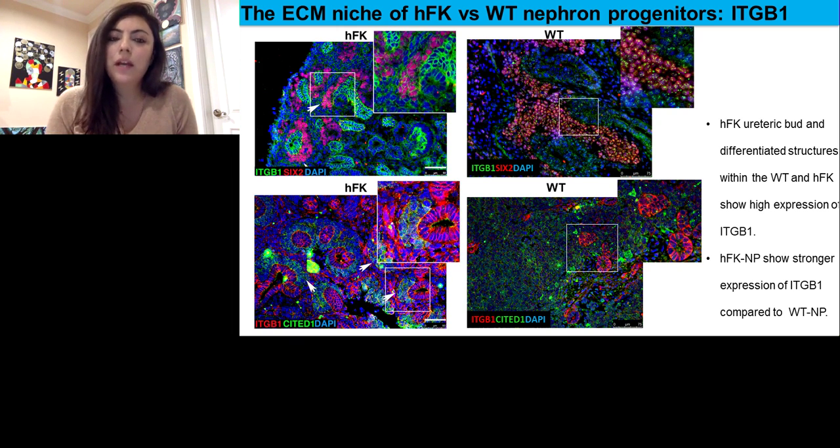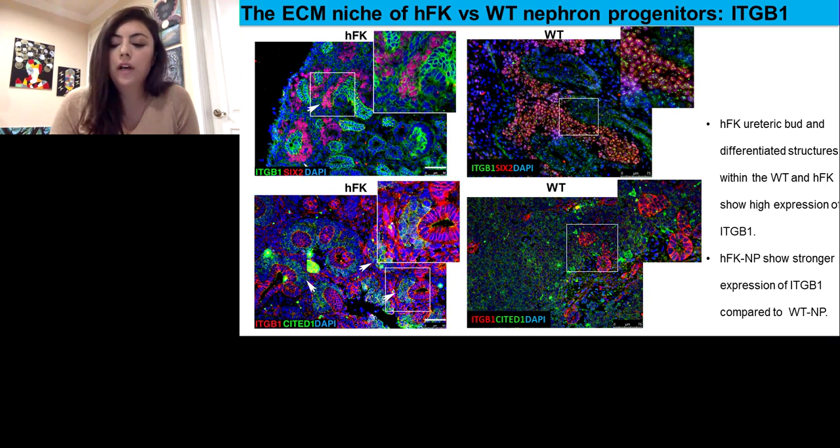In fact, there seems to be a higher expression of integrin beta 1 by the ureteric bud, also by Wilms tumor developing structures shown on the right below, where we have tubular structures and they are strongly expressing integrin beta 1. So we confirmed that indeed human fetal kidney nephron progenitors show stronger expression of integrin beta 1 compared to the Wilms tumor. So this is interesting.